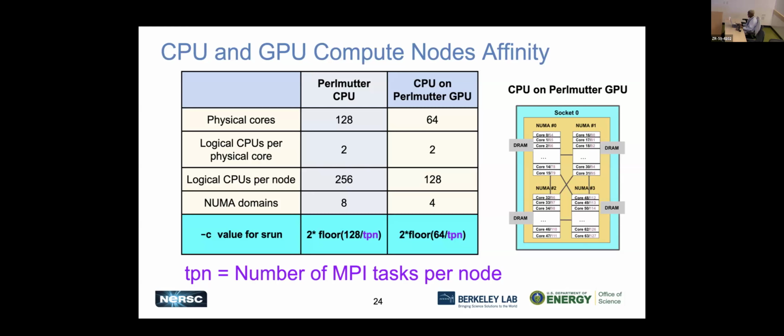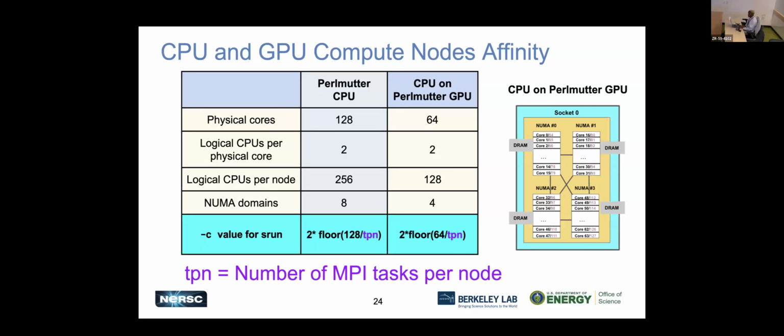So, understanding a couple of components related to Perlmutter. For Perlmutter CPU cores, as we mentioned, you have 128 physical cores. This is on CPU-only nodes. You have 2 logical CPUs per physical core, and then 256 logical CPUs per node. NUMA domains are 8.